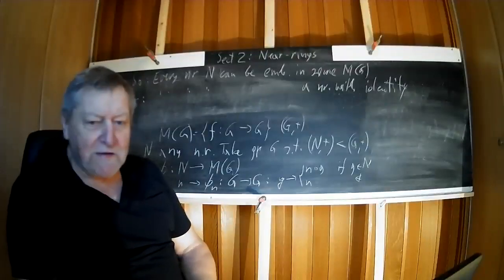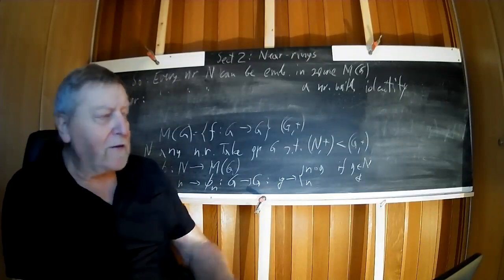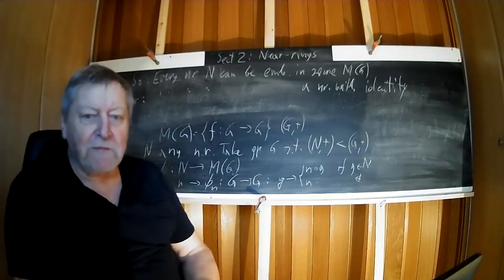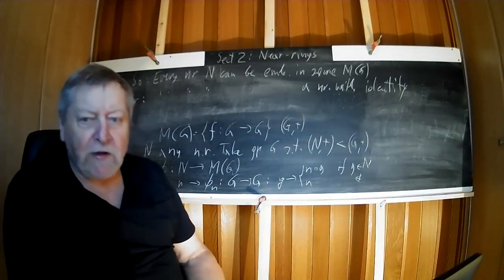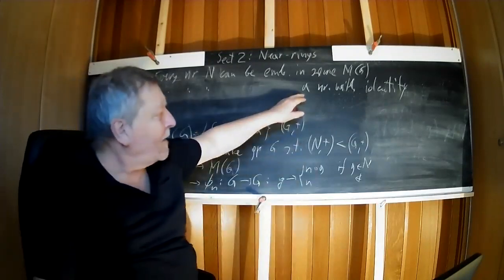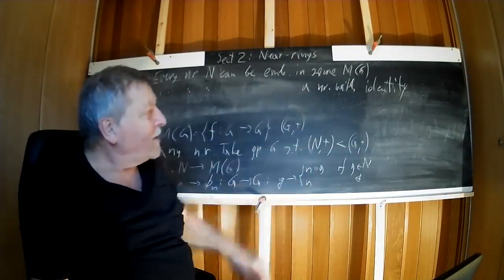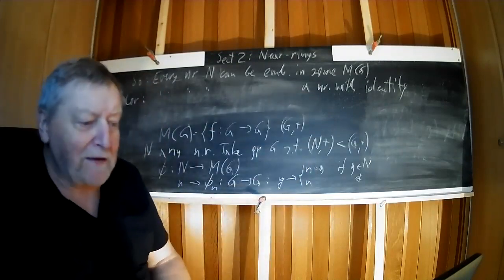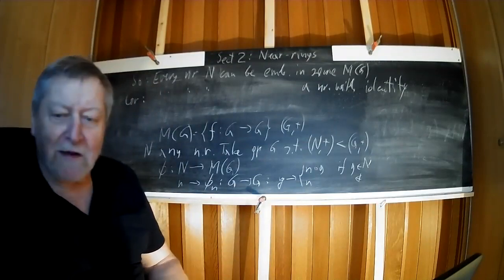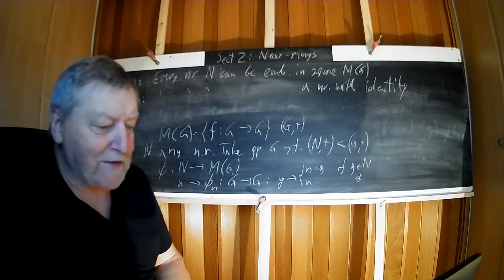Here we cannot say this, and Gerhard Betsch has shown once that not every nearing can be embedded as an ideal into a nearing with identity. Now I have mentioned ideals, but haven't defined them yet. It will come in a few minutes.